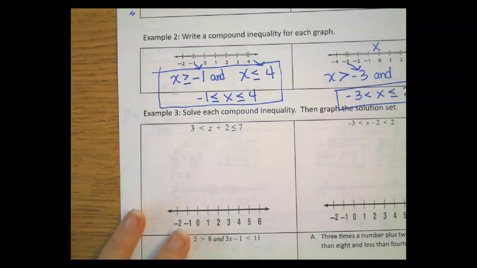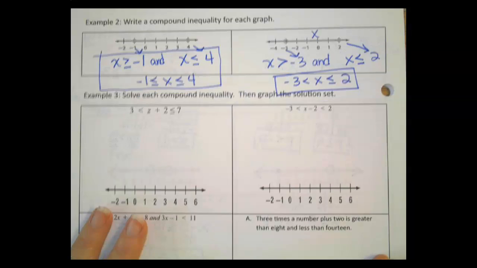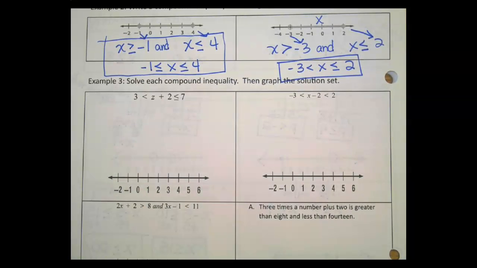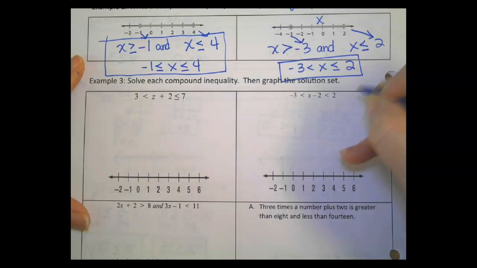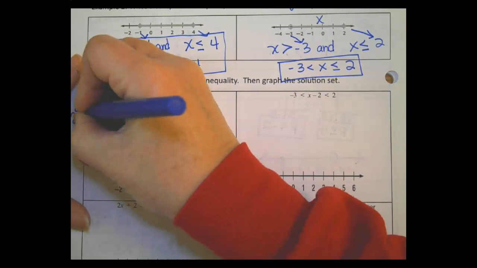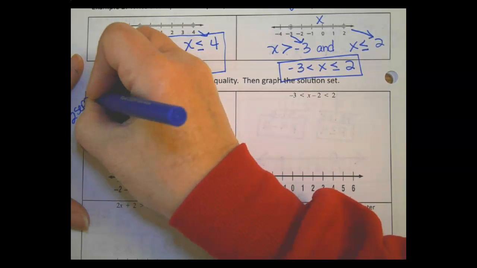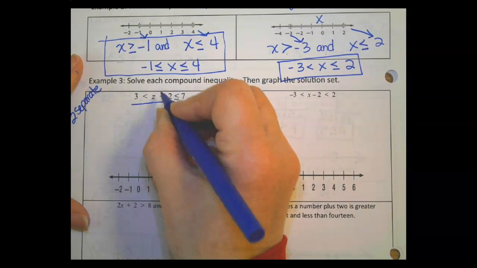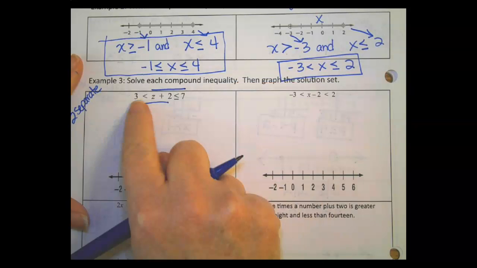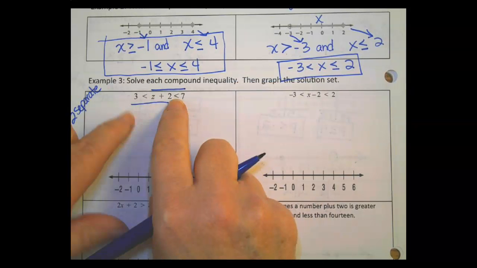Okay, so this gets a little more difficult, so hang in there. Again, 2 separate. Here, 2 separate. So I'm going to write this, and then I'm going to write that. I know this is an "and" because these are the same sign.